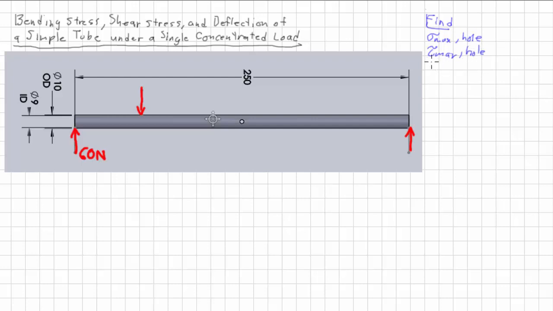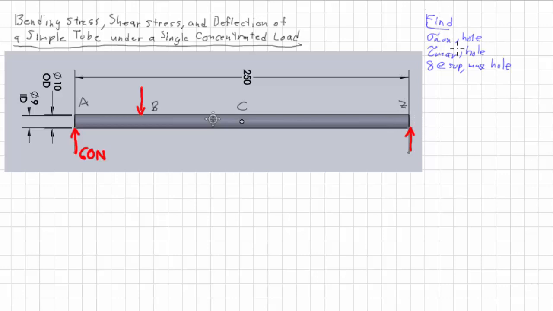And for deformation, the lowercase delta, we want the deformation at the support, this one here, the maximum deformation, and also the deformation at the hole. Okay, let's put A, B, C, and just in case we want any other letters in between, I'm going to call this point Z, or Z for some of you elsewhere in the world.